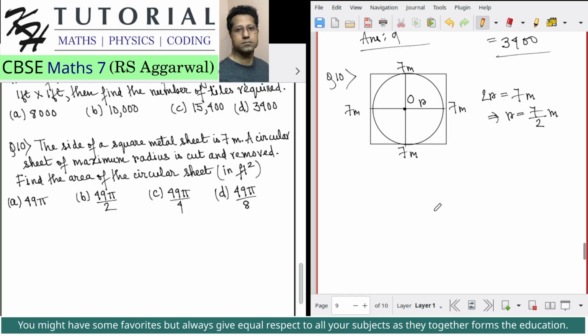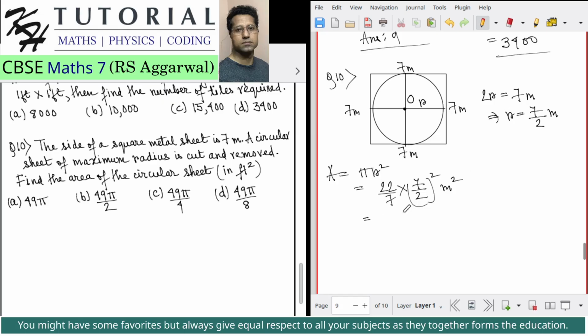The question asks, find the area of the circular sheet. So the area will be equal to pi r square. So this is pi, which is 22 by 7, and r is 7 by 2 square, this much meter square. But the question has asked to find the area of the circular sheet in feet square, but remember that the length of each side of the square sheet is given in meter.